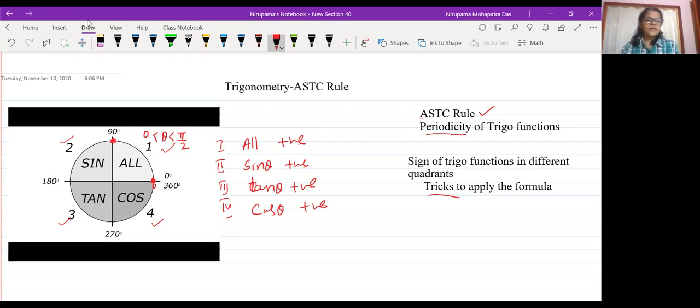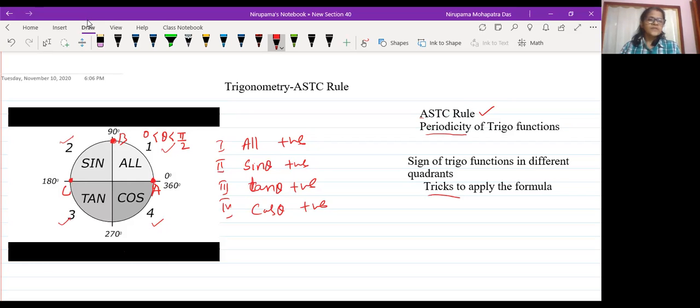In the second quadrant, after 90 degree you are moving in a circle, right? We are studying the circular system of measurement in our syllabus. When you are moving in this anti-clockwise direction from 90 and reaching here, let me take it as A, B, C. At the moment you reach C, you are covering a semicircle, from 0 degree to 180 degree or pi radian.